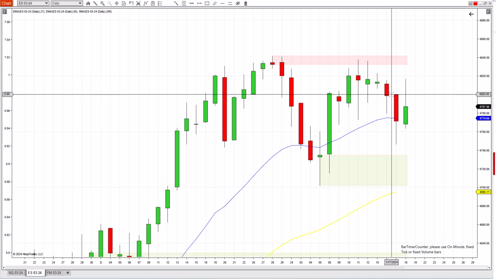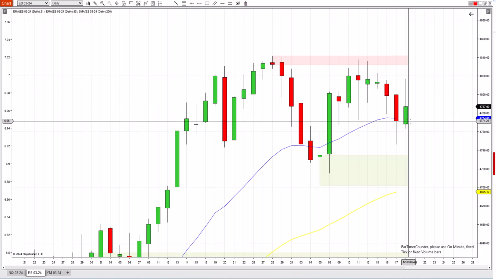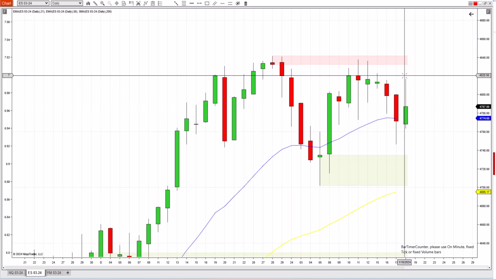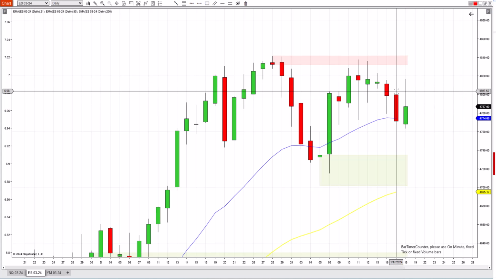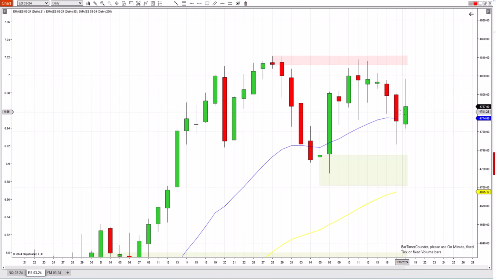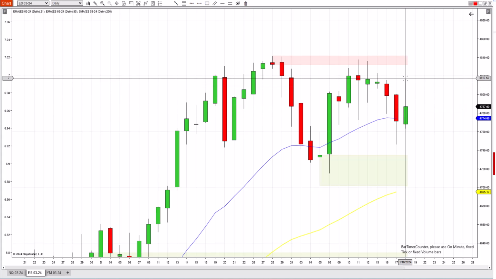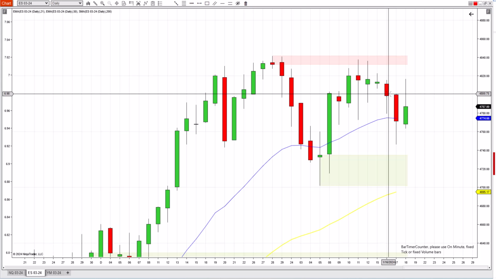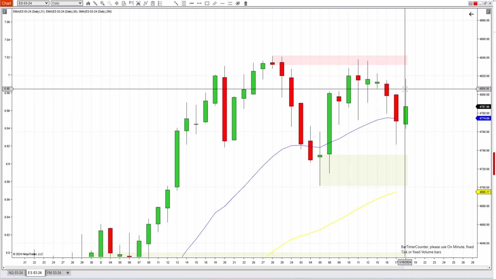You need to see a candle close before you place the trade. The reason is sometimes price will poke right above and then retrace right back. As you can see on the current candle right there, it looks like there was some kind of news. It poked above and then retraced back. You don't want to get caught in that. If it happens really fast, your order gets filled, price retraces back and hits your stop, and then you lose money. So that's why you want to see a candle close above before you take the trade.